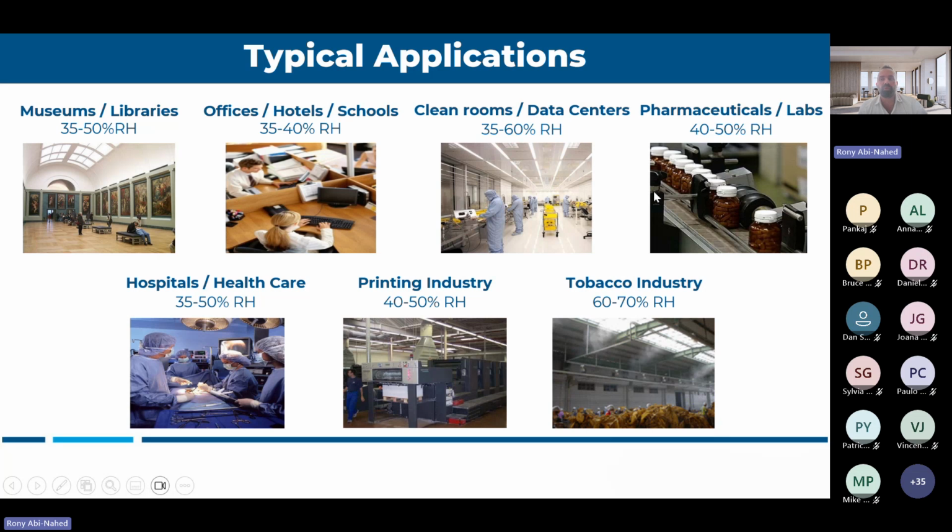Data centers are booming all over the world, and that's mostly what has made us really busy in the past couple of years, selling for data center jobs, which I'll also touch on in a couple of slides to give you an idea of what type of products they mostly use. Pharma applications, labs, hospitals, healthcare, the printing industry, the tobacco industry, the agriculture industry. Any type of industry will require some sort of humidification, which we'll touch on in the coming slides.